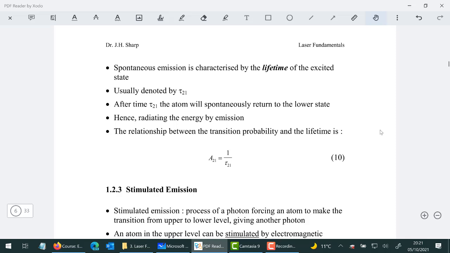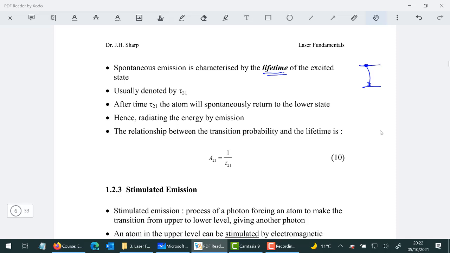Spontaneous emission, generally we don't characterise it by talking about the Einstein A coefficient. We talk about the lifetime. In other words, we talk about, well, how long will the atom in general stay with that amount of energy before it falls down here? And there will be variations in it. There will be some which stay a long time, some which stay a short time, but there will be an average across that distribution of lifetimes.